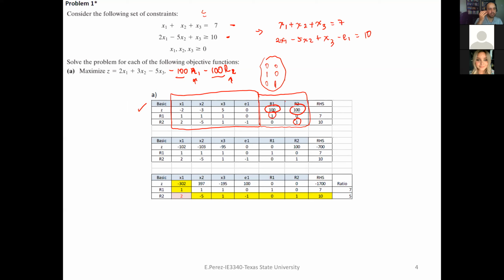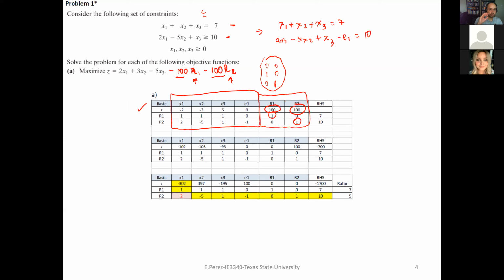So that's why we have this big M coefficient, that's 100 in this case. You can choose 1000, it's not going to make a difference as long as this number is big enough when compared to the other coefficients. We are penalizing those artificial variables in the objective function because we want to use them only to get an initial solution, and then we don't want to see them anymore in the problem.